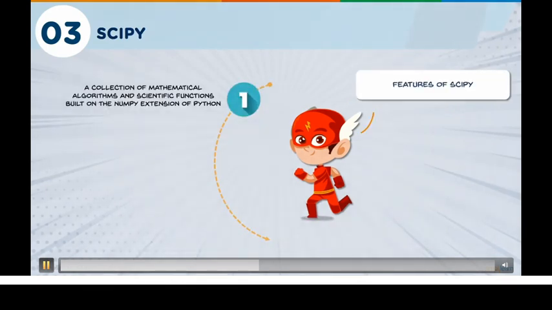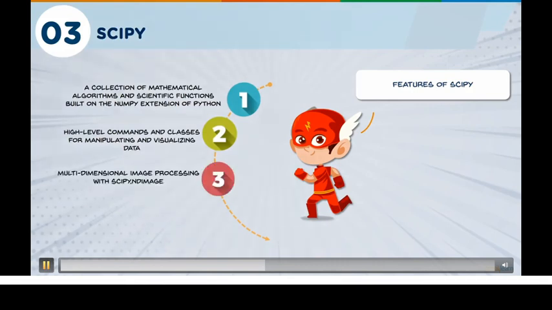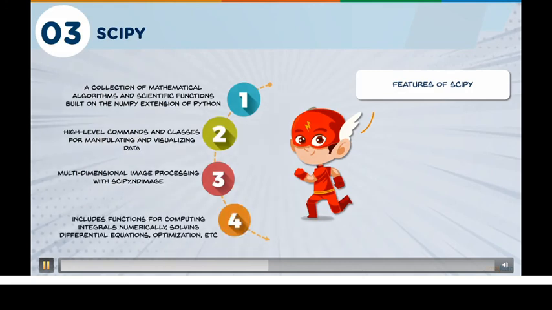Now, let's discuss some features of SciPy. SciPy has a collection of algorithms and functions which is built on the Numpy extension of Python. Secondly, it has various high-level commands for data manipulation and visualization. Also, the ndimage function of SciPy is very useful in multi-dimensional image processing, and it includes built-in functions for solving differential equations, linear algebra, and many more.